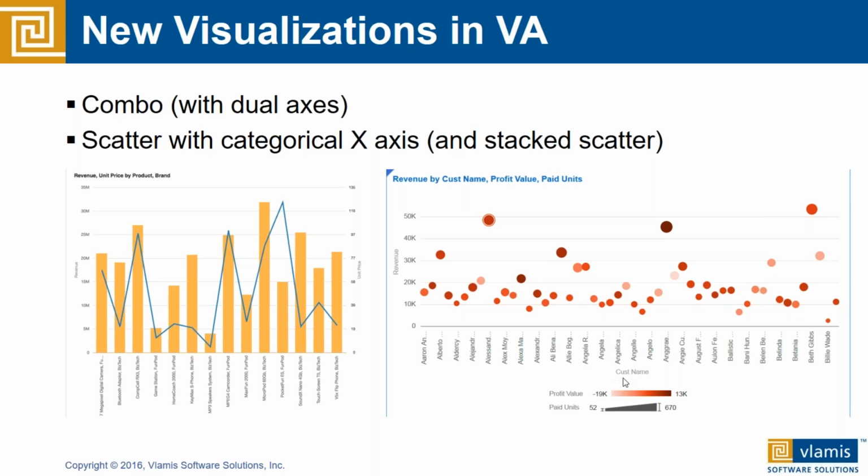This is actually just a piece of it. We can scroll this back and forth and look at multiple things. And then we have the ability to look at multiple measures. In this case, profit value is the color of the dot, and the paid units is the size of the dot. So some additional flexibility in how we handle scatter charts in Visual Analyzer.